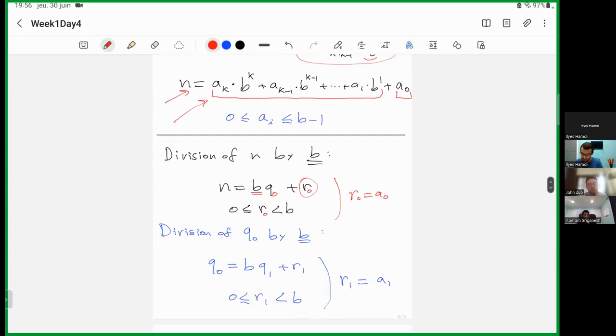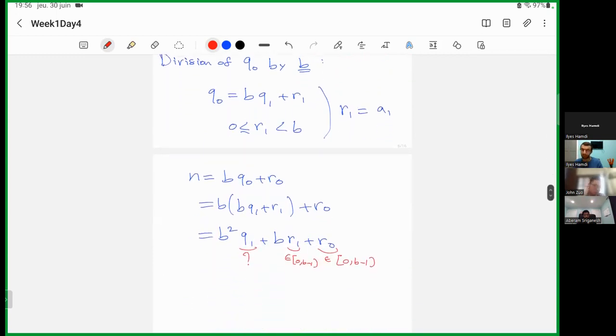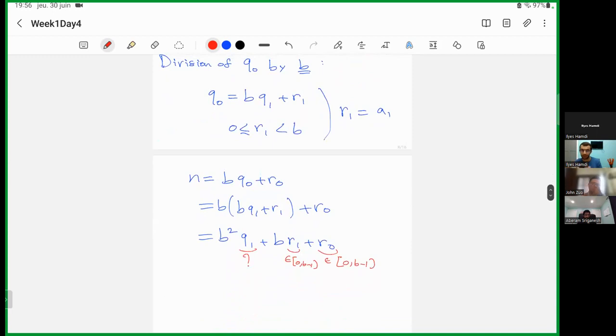So do you guys want to see the next step? Or actually, you guys will tell me what's the next step to make sure you understood. And then I'll show you how it goes without describing every step, of course. So division of what by what?